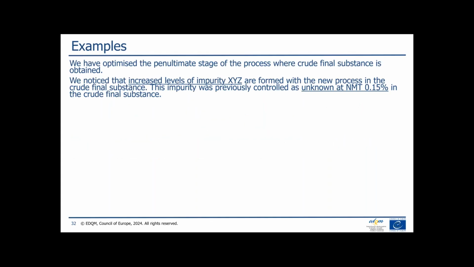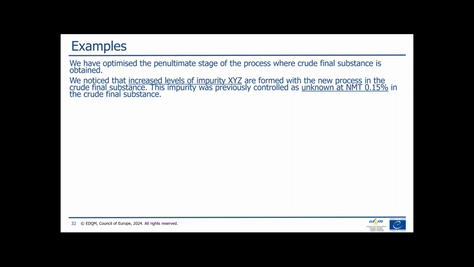Another example, so I have to read a bit more perhaps from this slide in order not to miss anything. We are a company holding a CEP for a certain substance, and we have optimized the process in the penultimate stage where we obtain the crude final substance. We noticed after this optimization that an increased level of a certain impurity is obtained within the new process in the crude final substance, in the penultimate step.